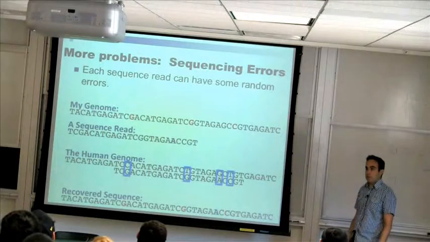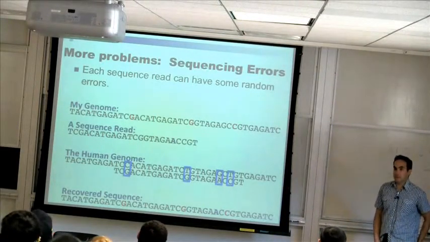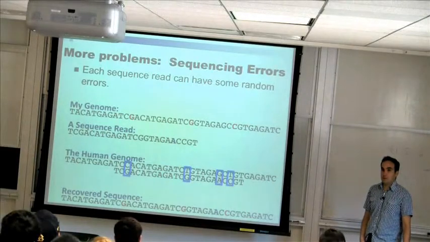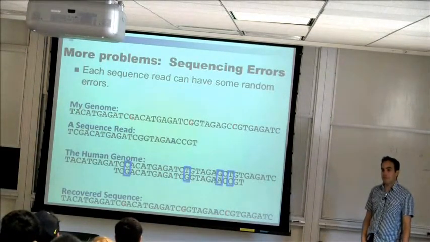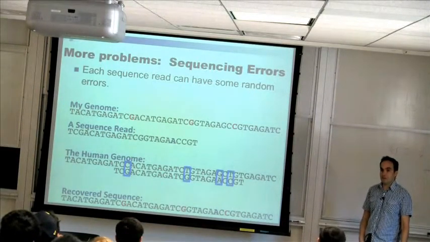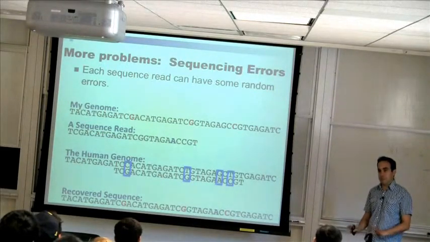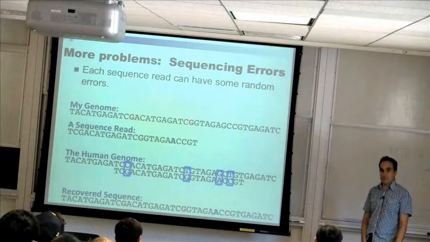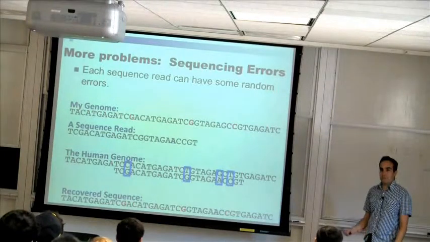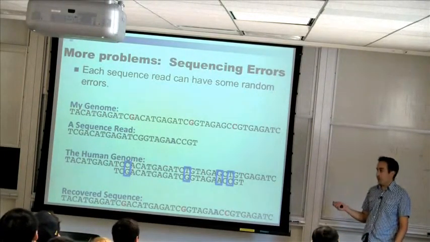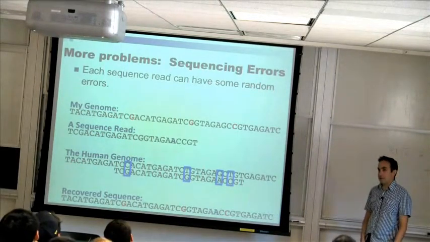How do I avoid this problem? Someone back there said it. There's a very generic answer, I would say 80% of the time, one answer to all these problems. What do you do? Well, no, if you have just one read, that's not going to help.